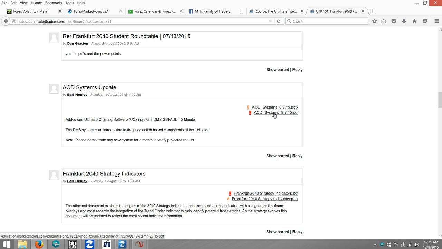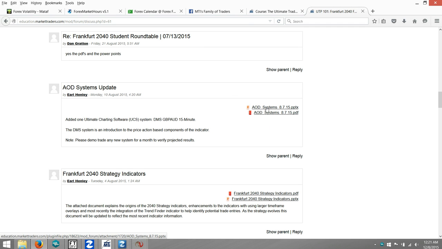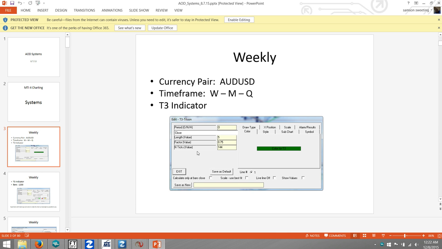So we're gonna click on, I believe I have a PDF. Let's see, that's not a Word. Yeah, it's a PDF. Let me see if I can pull up a PowerPoint. Some of these are on the old MTI4 charting, but the parameters can be entered in the UCS. Just for example, this is the Australian US dollar, and this is a weekly time frame trading system.